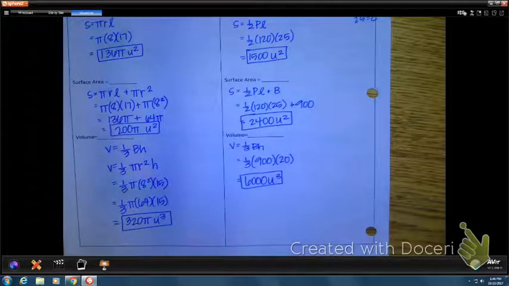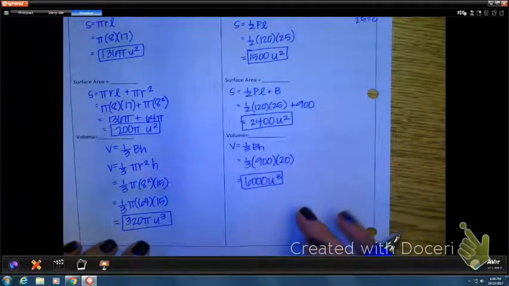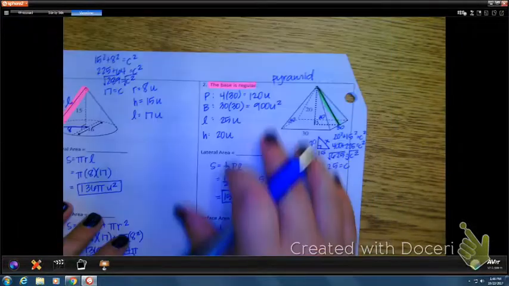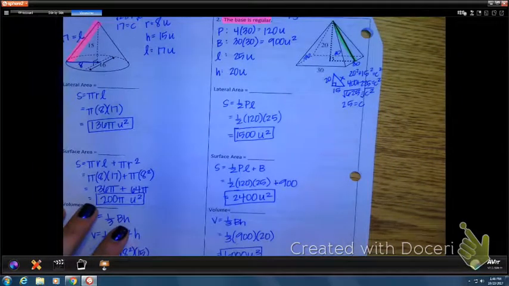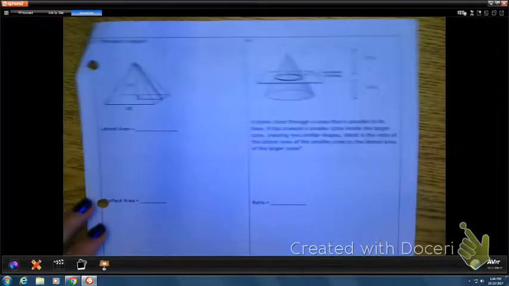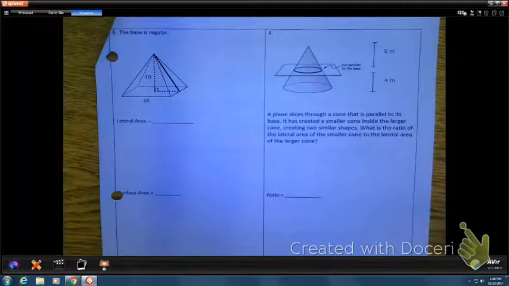Okie dokie, hopefully we're starting to get the hang of this. Okay, really all it is substituting into formulas. After you do the hard part, this part should be easy. All right, number 3. Again, I'm going to let you guys do this all on your own. I'm going to give you 4 minutes.